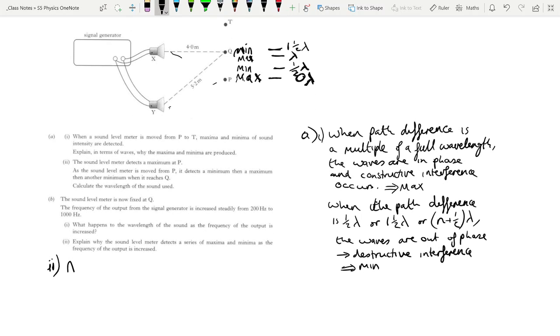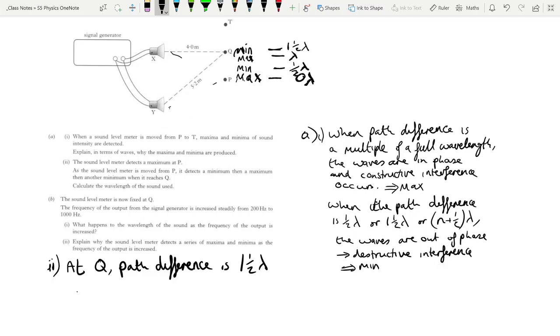So at Q, path difference is 1.5 wavelengths. We are also told the physical path difference.